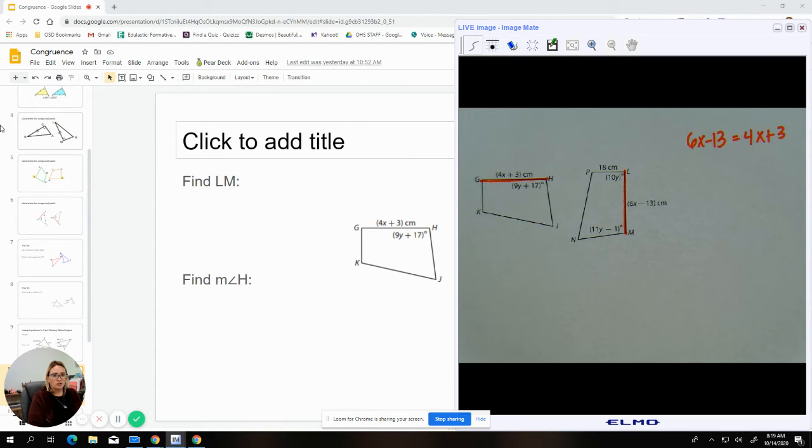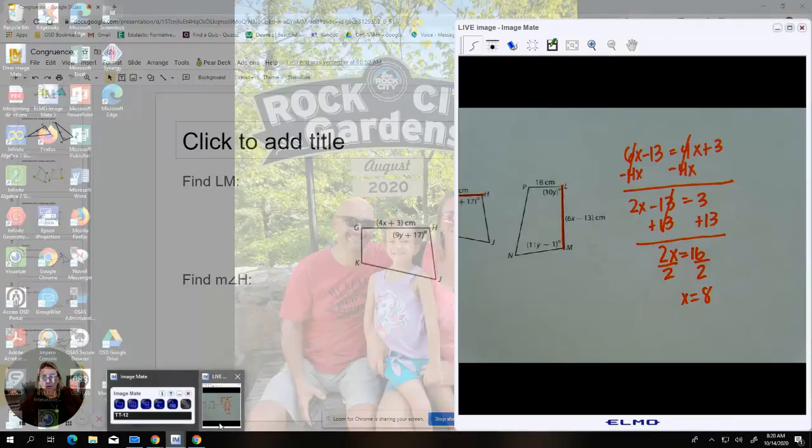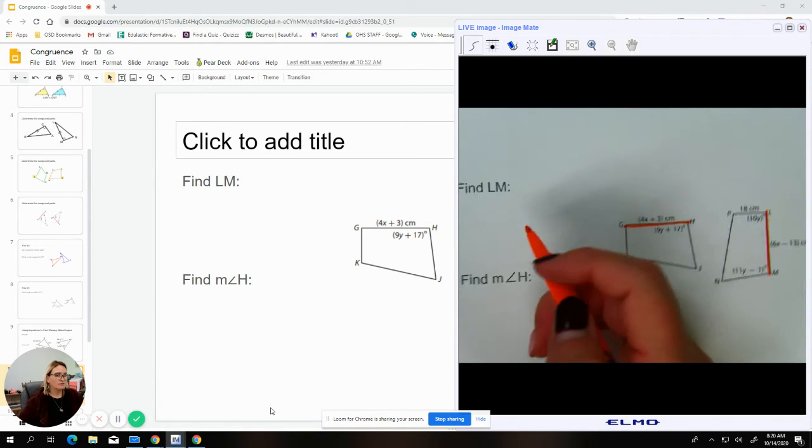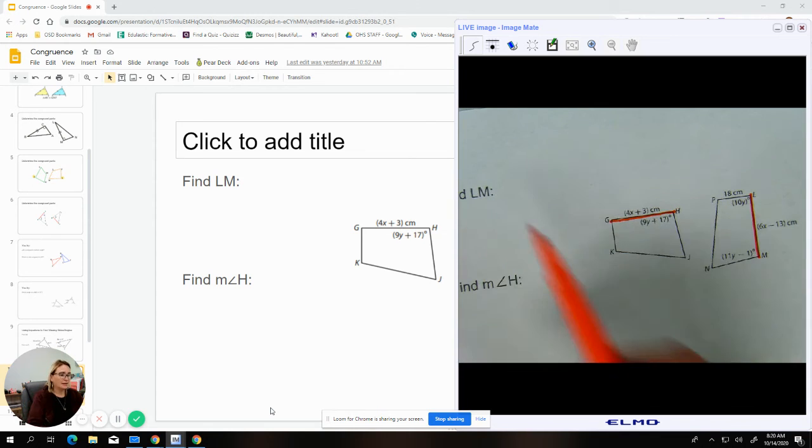Okay, so take a second again and see if you can get this solved. Take 10 seconds and solve it for x. Okay, so hopefully you got x is equal to 8 by the time you went through and solved it. But remember, that doesn't solve our entire question. It asks us to find the side length of LM.